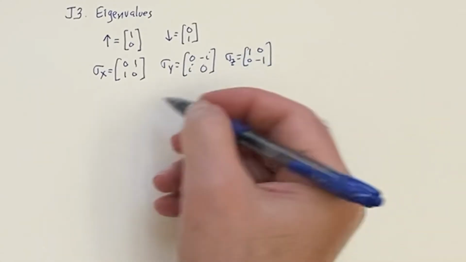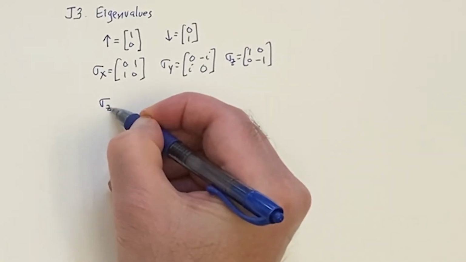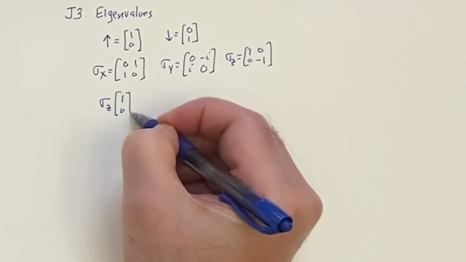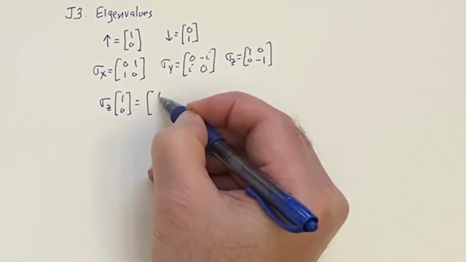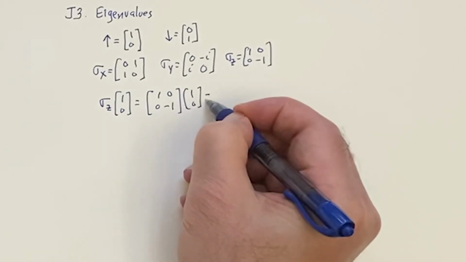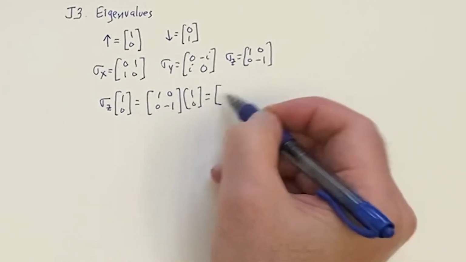And here, if we take, say, this sigma z and have that operate on (1, 0), you have then (1, 0; 0, -1) and the (1, 0). You would take these sideways, hit that, you get 1 times 1 plus 0 times 0.